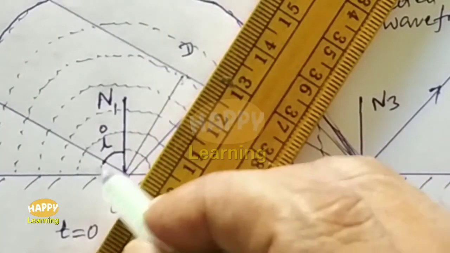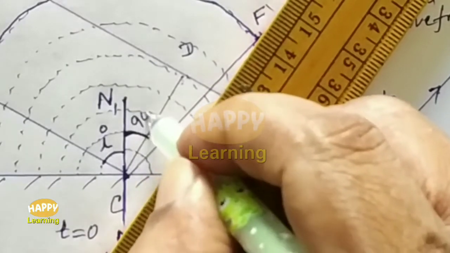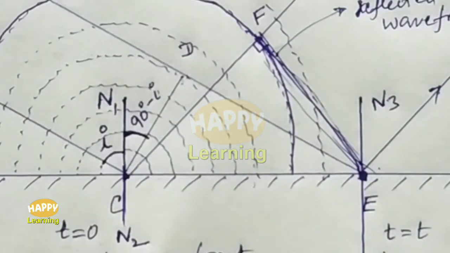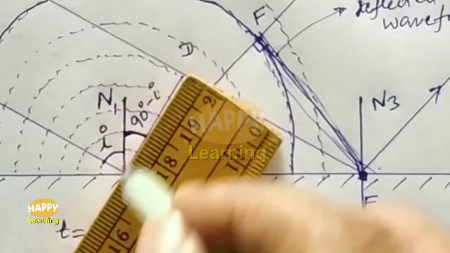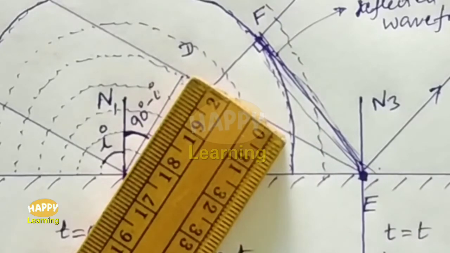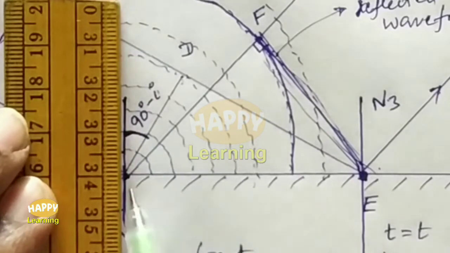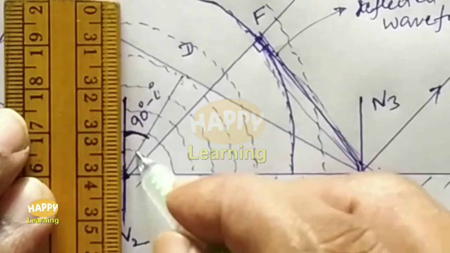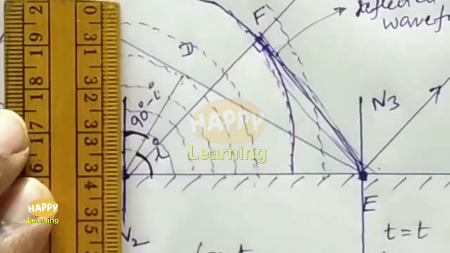That means this total angle is 90, that means this angle will be 90 degree minus I. Okay, right. So here this is wavefront. The incident ray and wavefront are normal. A part is I, remaining will be 90 minus I. Now take this part. This is normal to this reflecting surface. This is normal. A part is 90 minus I, then the remaining will be I. This will be I.